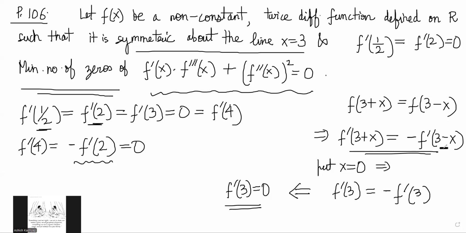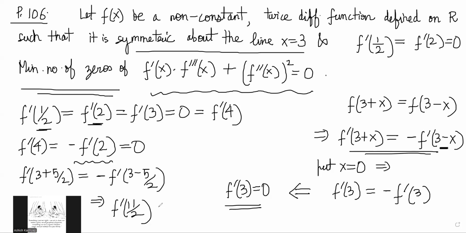How do I get a half here? We have to put x = 5/2. So you'll get f'(3 + 5/2) = −f'(3 − 5/2), which implies that f'(11/2) = −f'(1/2), and f'(1/2) is anyway 0. So we are getting f'(11/2) = 0. We are getting this also.